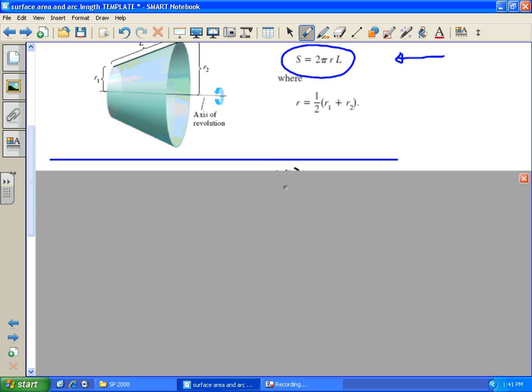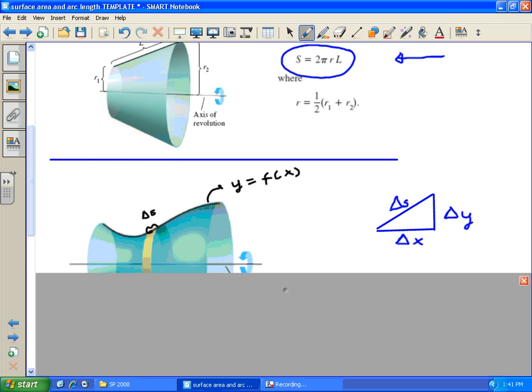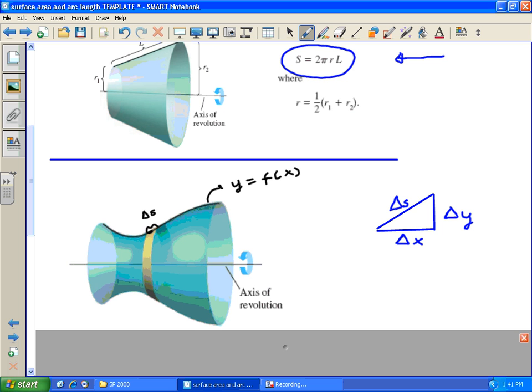Going back to that function that we were about to rotate, we're going to first find the surface area for that one little band, and then add those up to find the total surface area. The function in black is y equals f of x. The tiny little lateral side of that tiny little band, I call that delta s, a tiny little bit of arc length.